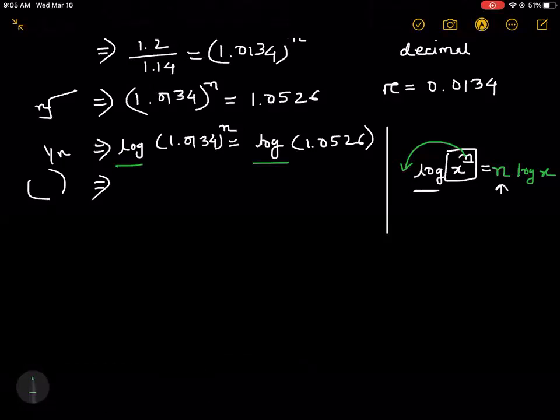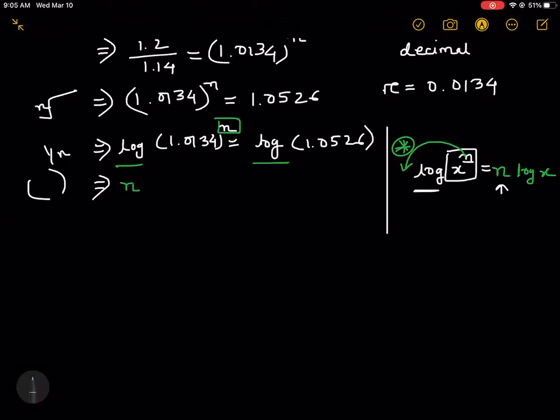Now, using this very property, the exponent will come in front, and we'll have n times log of 1.0134 equals, obviously on our right we don't have anything else, so it will remain as it is.